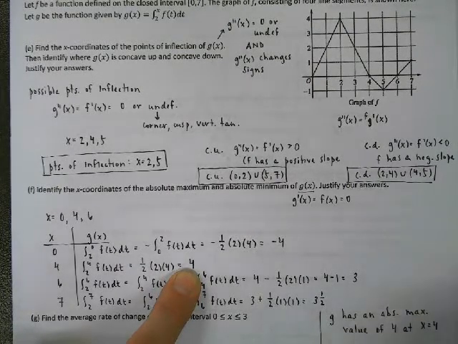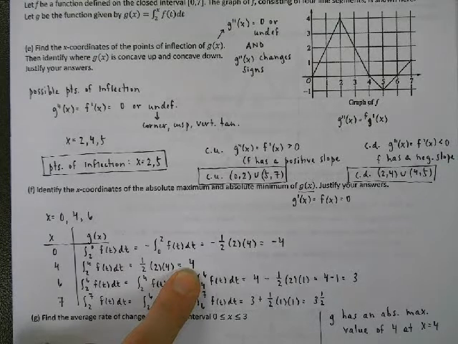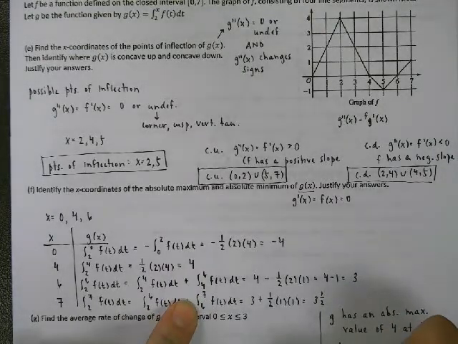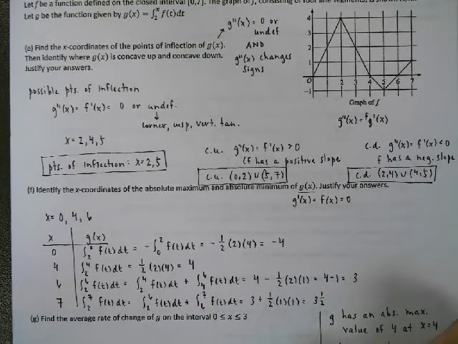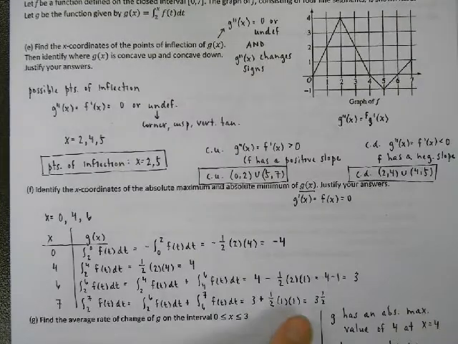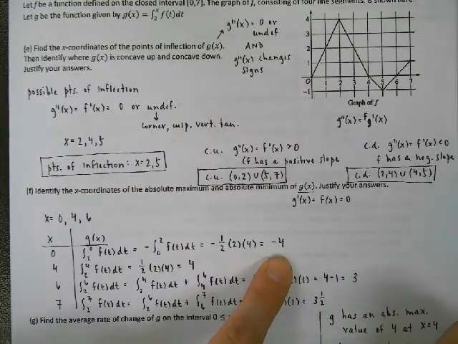And then I know G has an absolute minimum value. My absolute minimum is -4 at x equals 0. There we go.